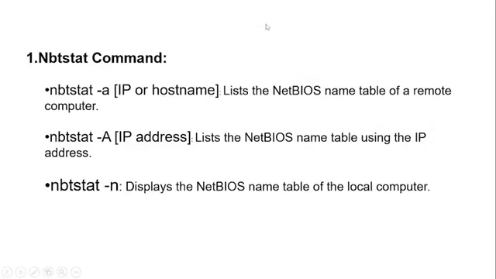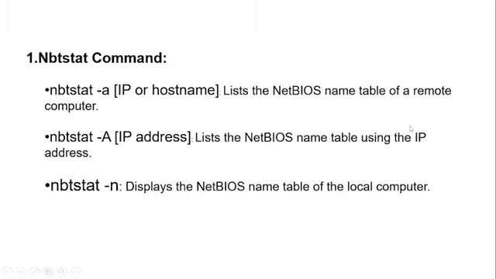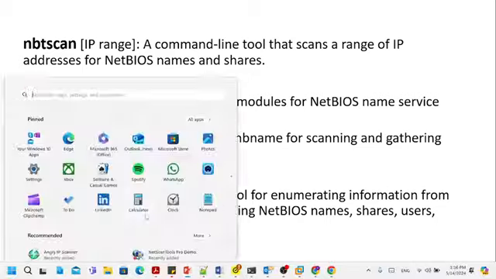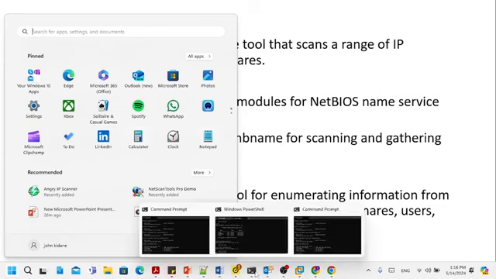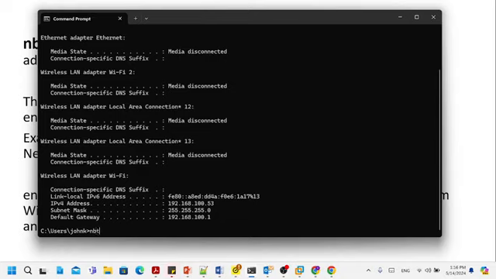The second tool we will be using is nbtscan. nbtscan scans a range of IP addresses for NetBIOS names and shares. So let's try nbtscan.